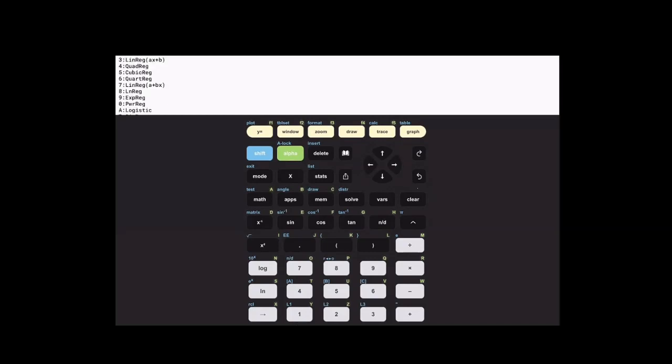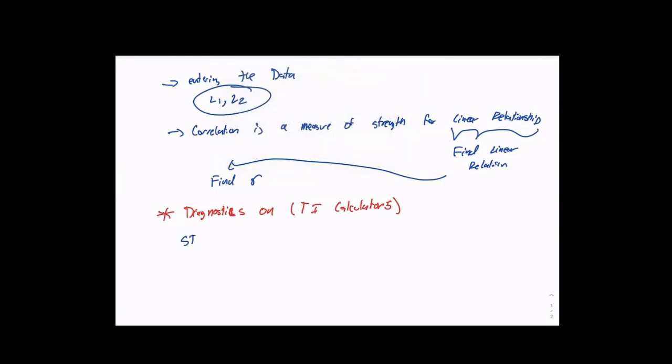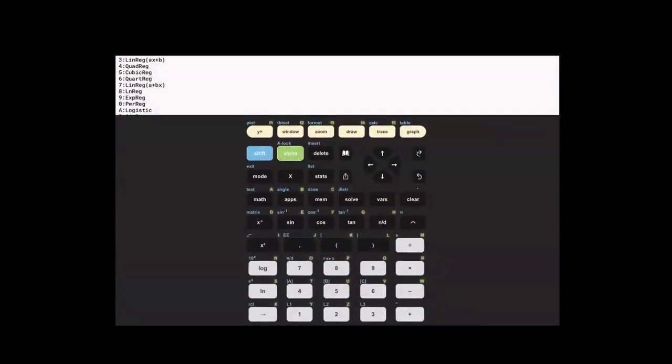To do this, after you've inputted the data, you go to Stat, and you go all the way down. Is it the same number on this one as well?